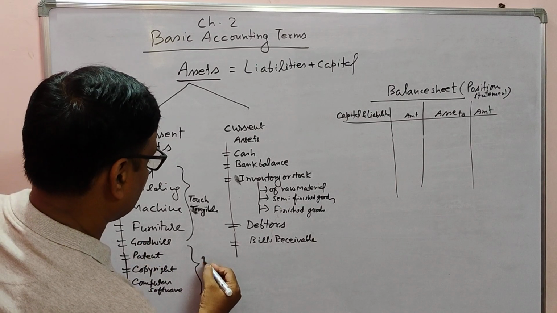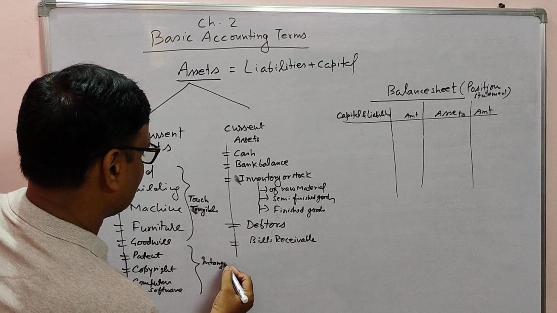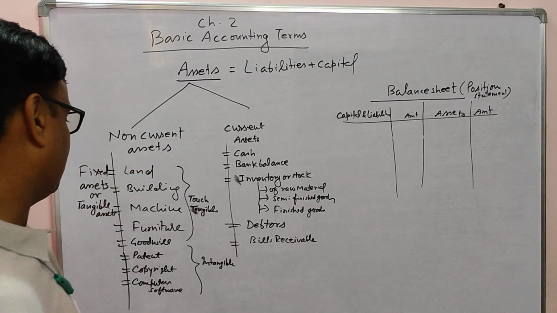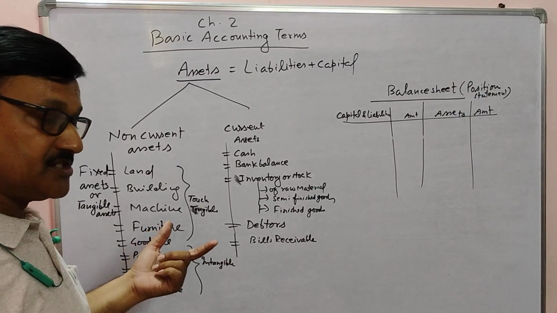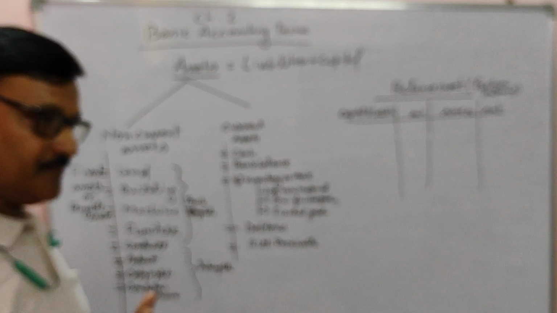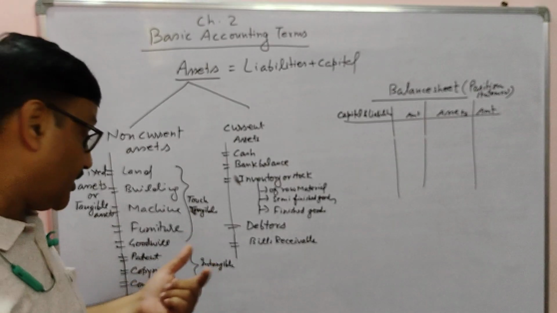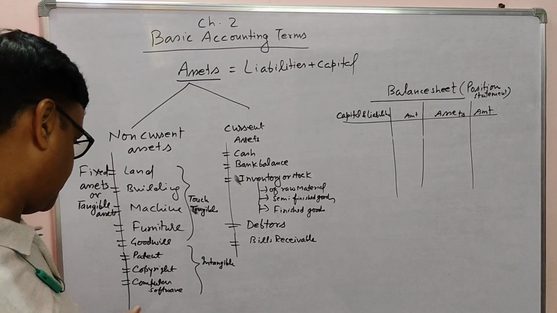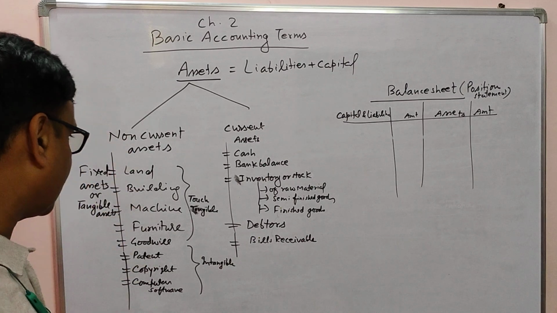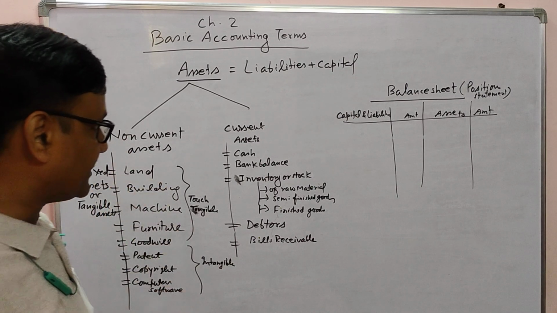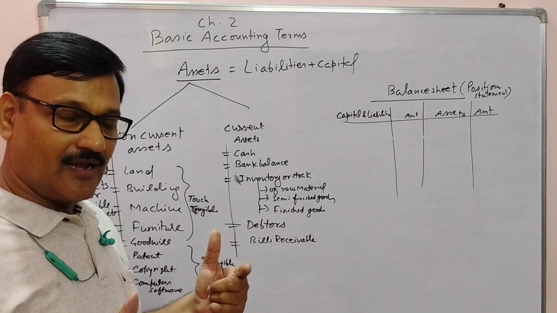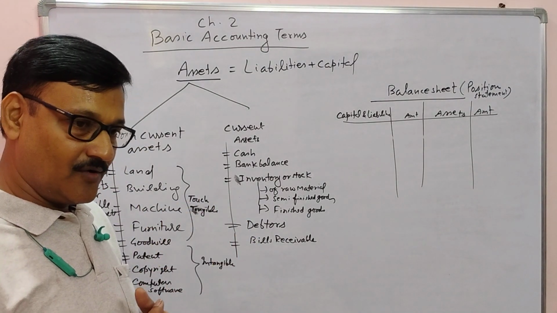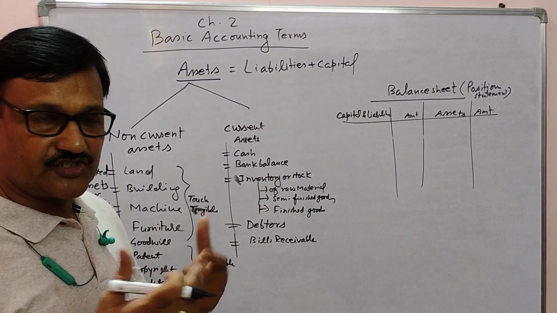These are intangible, but these are non-current assets, meaning fixed assets, where investment is done for a long period of time, and for a long period of time these assets generate revenue for its owner. So this is all about non-current asset, fixed asset, tangible assets, intangible assets, and this is current asset. I hope you are understanding. And now you will be able to define what is asset and what are its types.